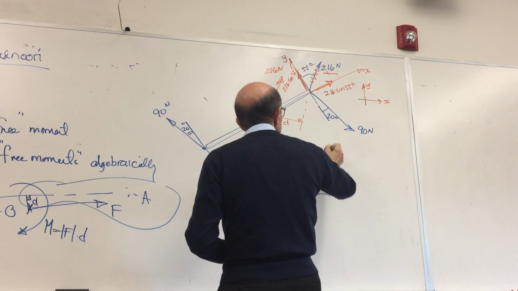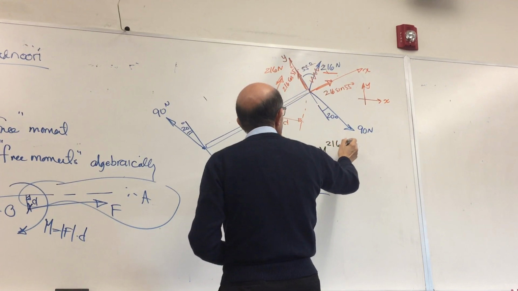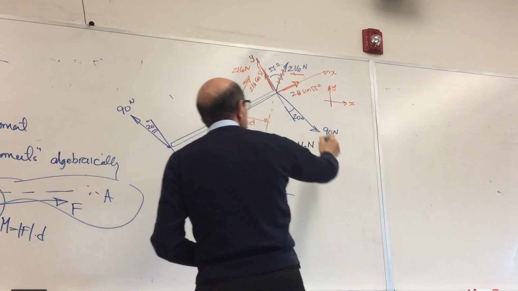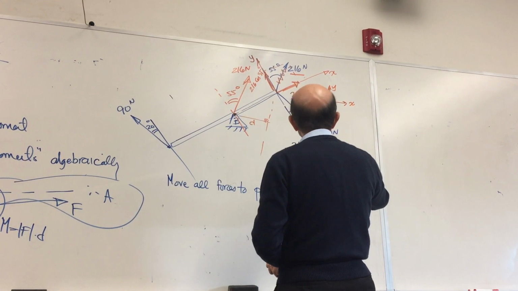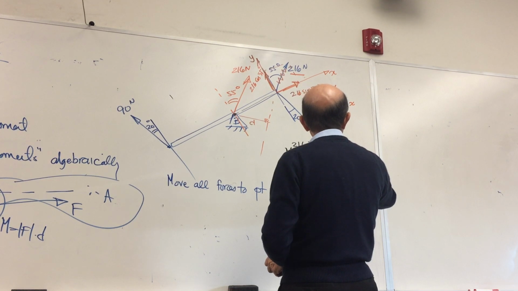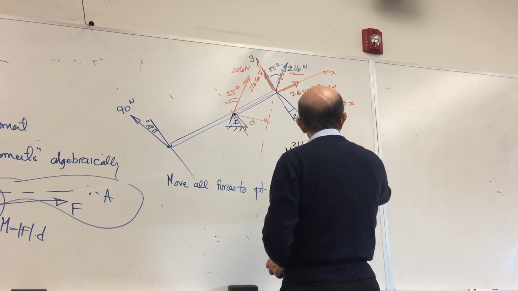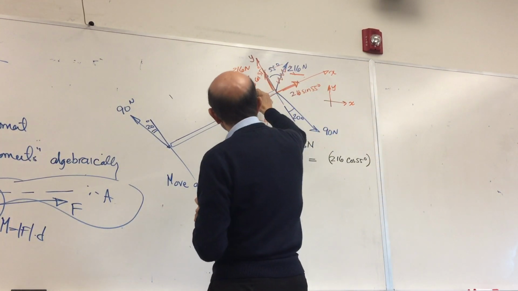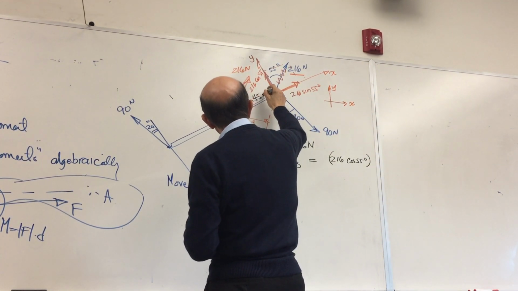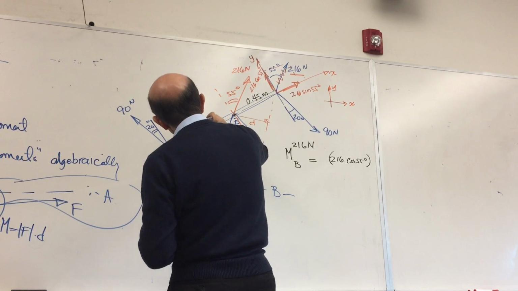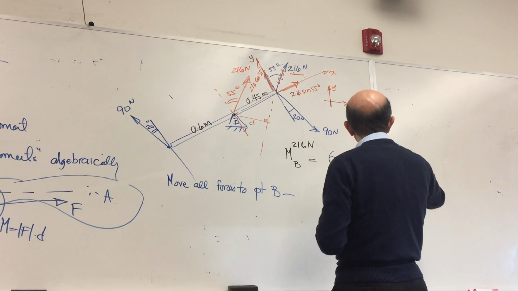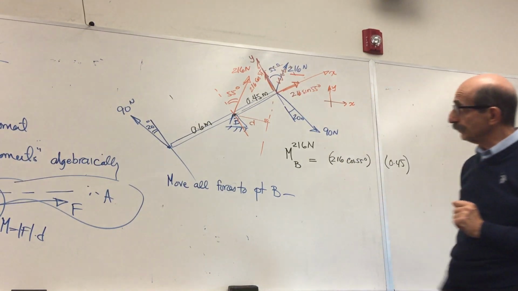So the moment of that 216 Newton about point B would be simply 216 cosine of 55 degrees times the vertical distance, which is actually given, 0.45 meters, and this is 0.6 meters, times 0.45 meters.